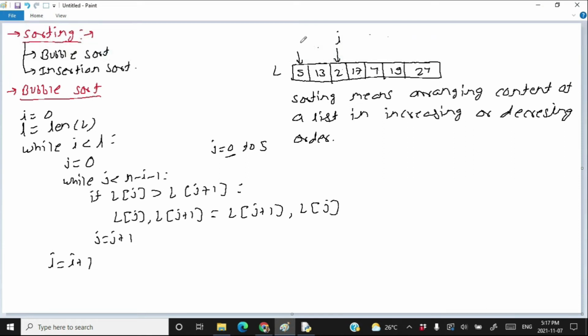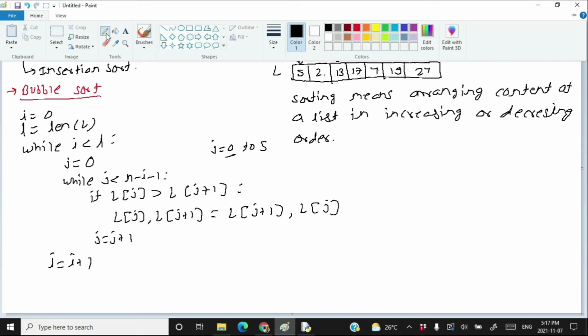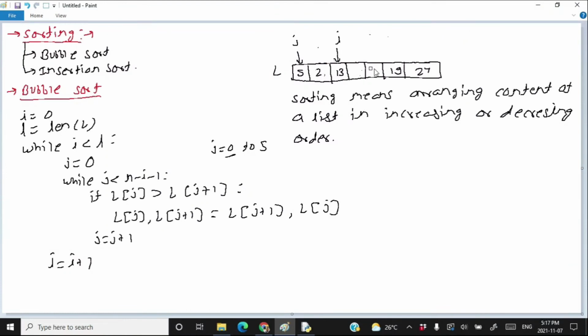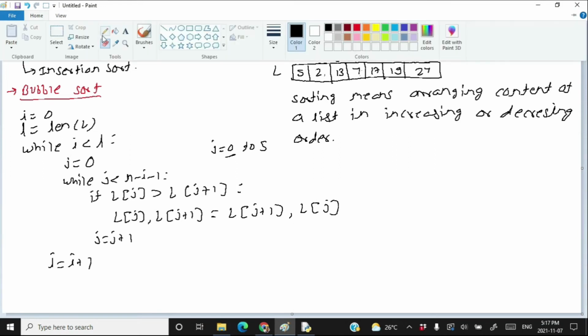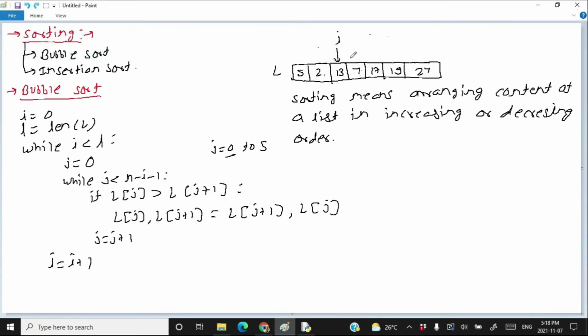Write it here, j at 0, and again start comparing. 5, 13, no exchange. 13, 2, there is an exchange, so exchange it. 13, 17, no exchange. 17, 4, there is an exchange. So when you exchange all these values for i equal to 2, your j will reach this point.